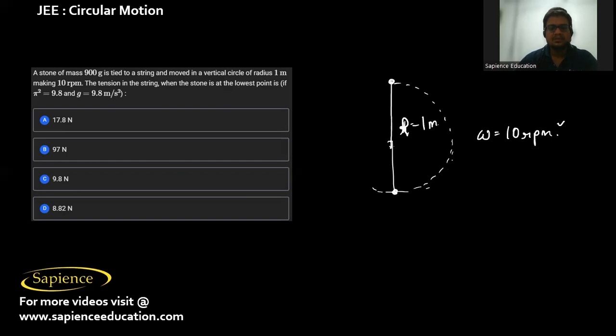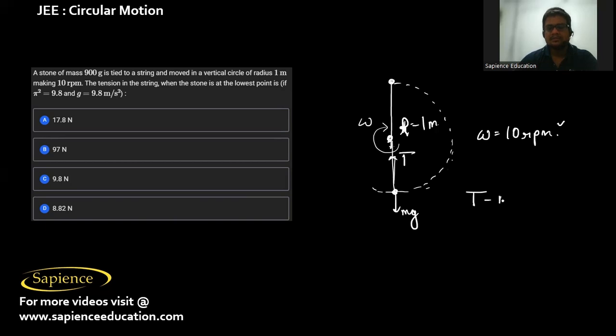So when the stone is at the lowest point in a vertical circle, the angular velocity is remaining constant. So here mg is acting and here tension is acting.